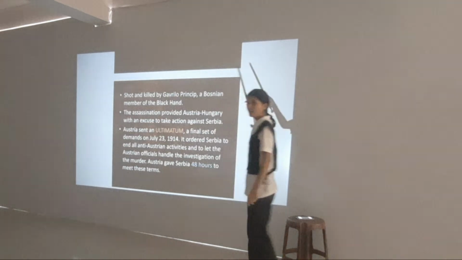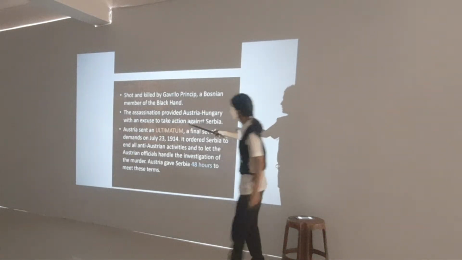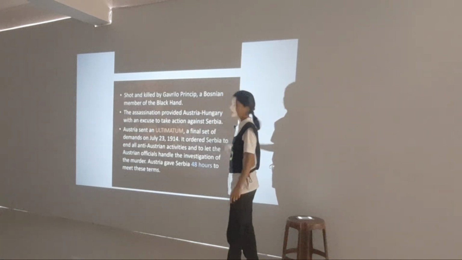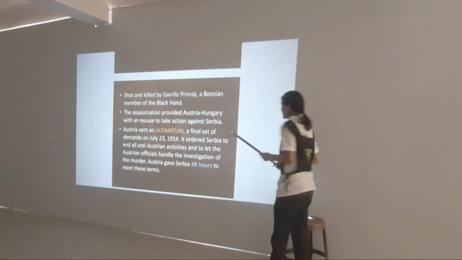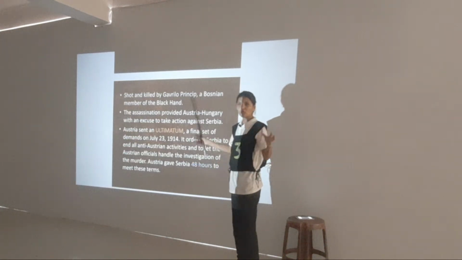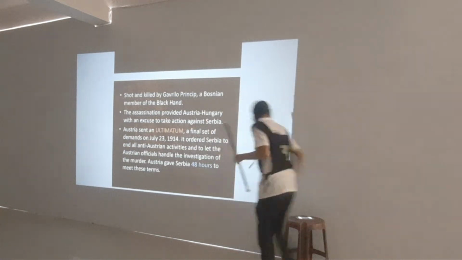As we had earlier discussed, Austria had proposed an alliance with Serbia, but when this assassination happened, Austria sent an ultimatum to Serbia, and both countries started fighting against each other.